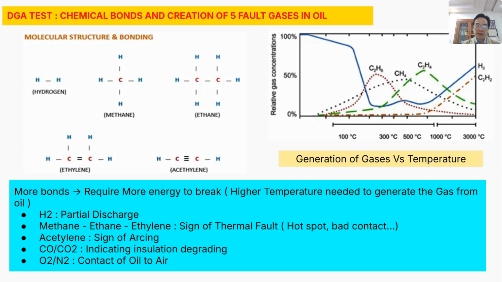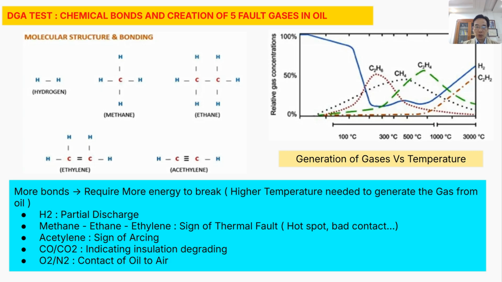So acetylene needs very high energy to be generated from oil. That's why in the chart on the right side, you see the peak of acetylene generated in oil is at a very high temperature, because it needs large energy to generate. So the content of acetylene in oil is a critical issue.